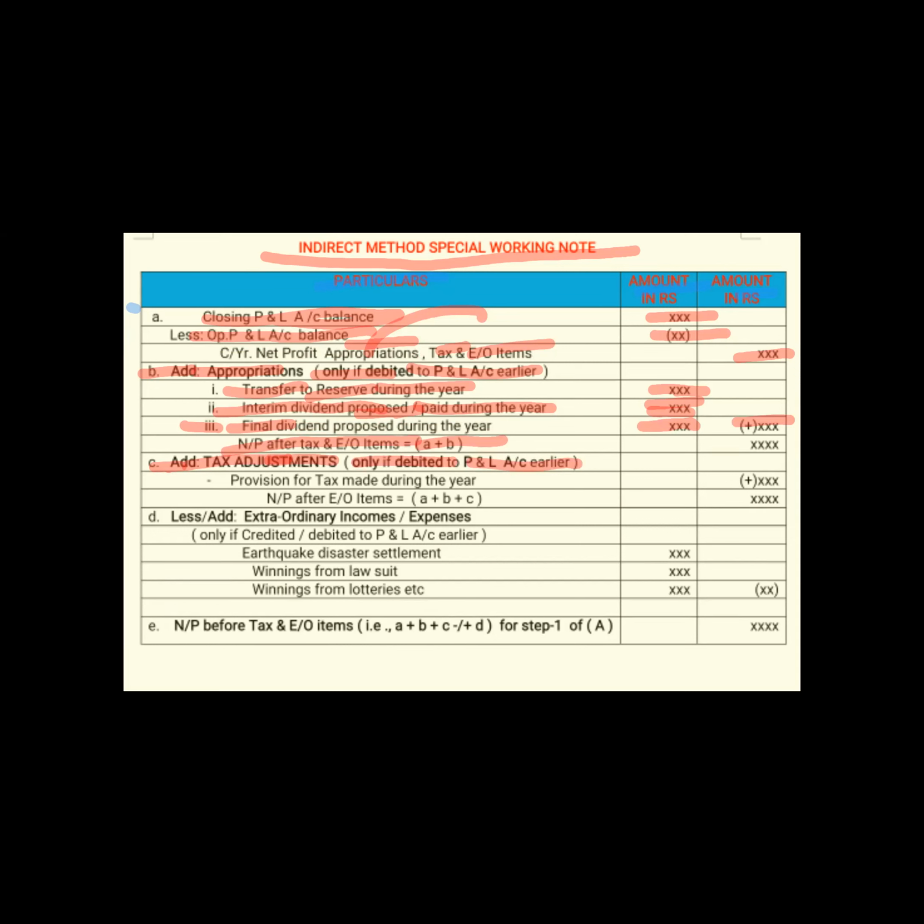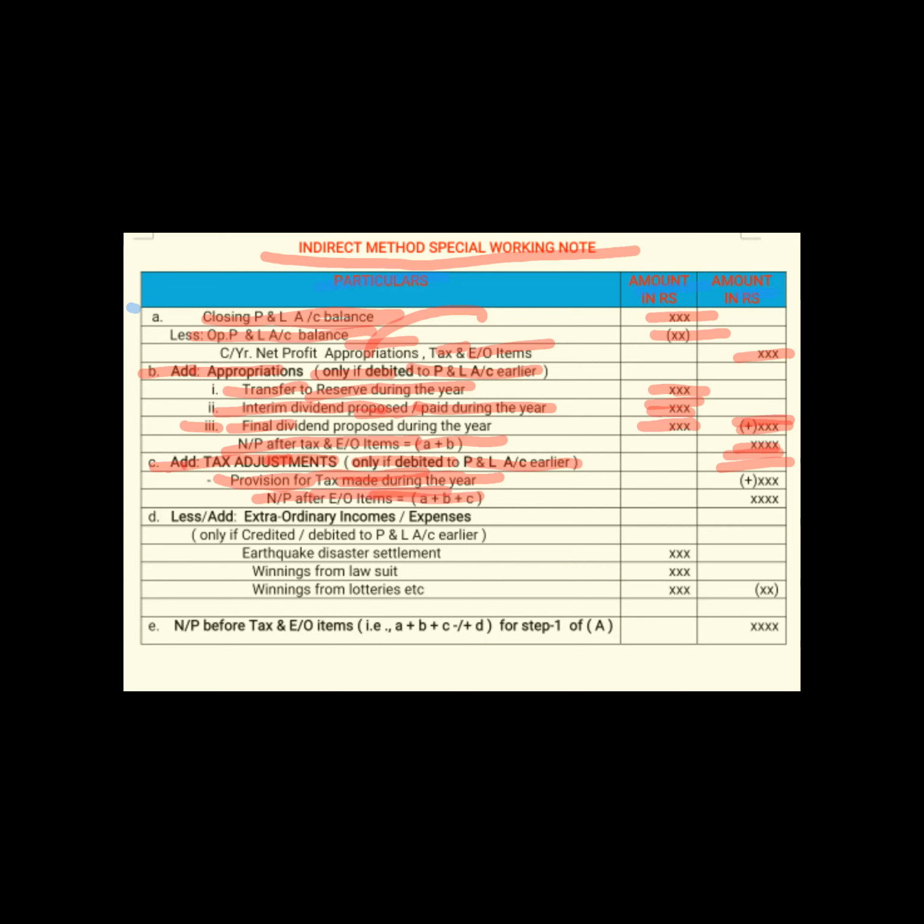Current year provision made during the year. Current year provision for tax, if any is there, that we will add to whatever balance we have. After adding this, you will get net profit after extraordinary items.